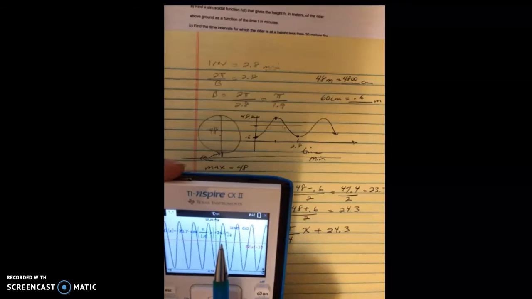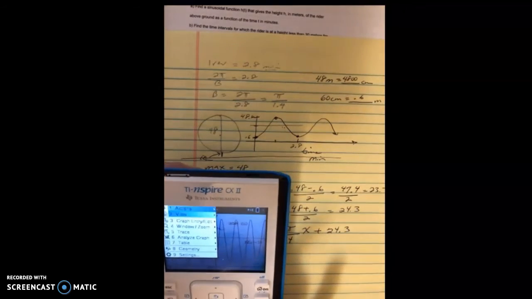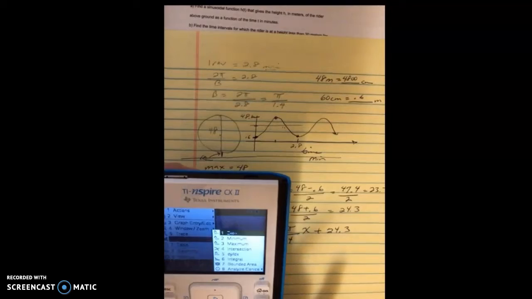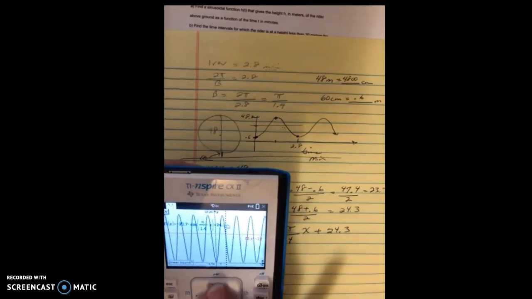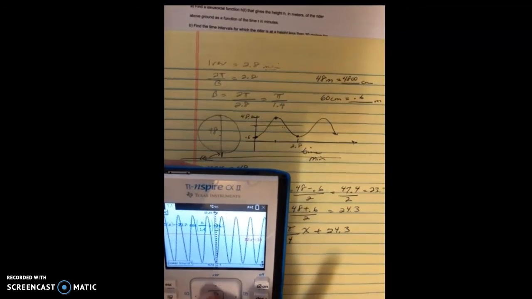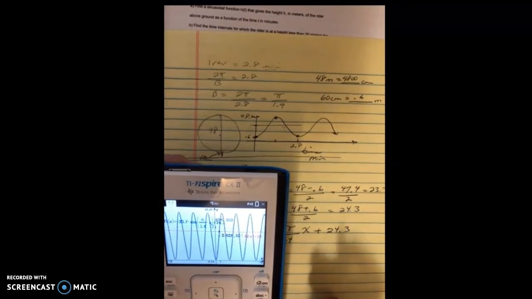So I'm going to hit menu, analyze graph, and I'm going to look for the intersection point. I'm going to go a little bit to the left of the point, a little bit to the right of the point, and I find the intersection point at 0.808.